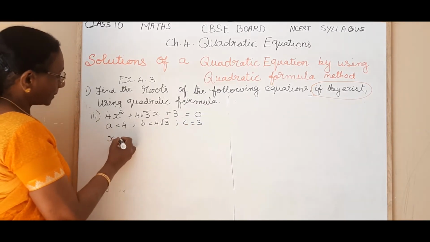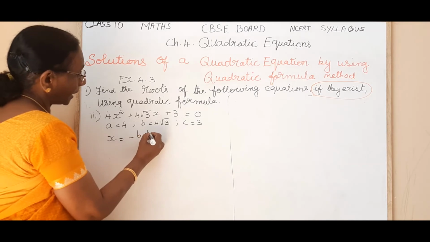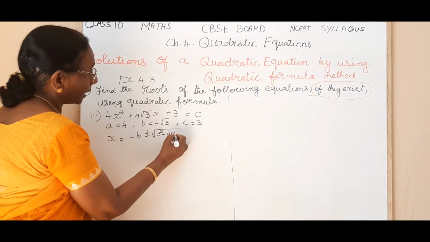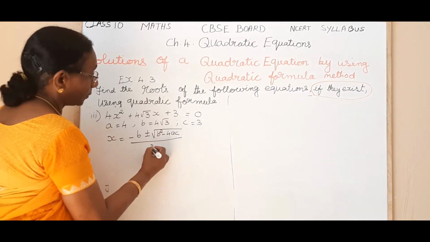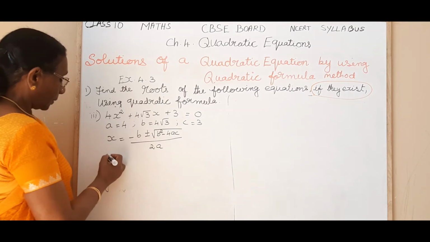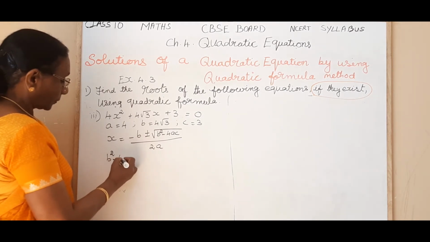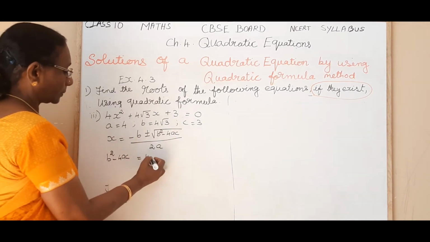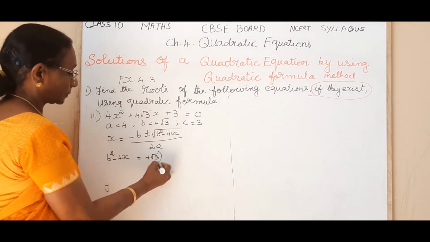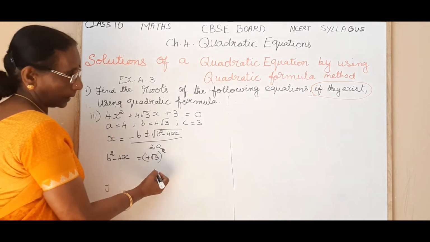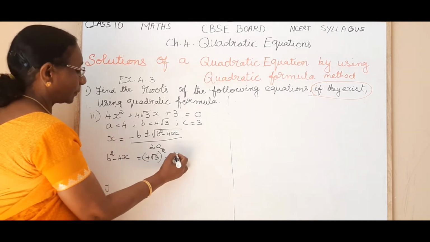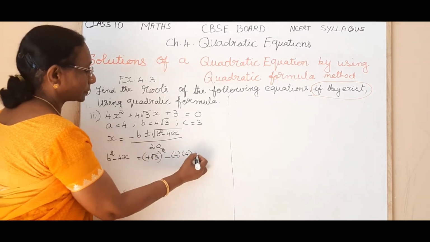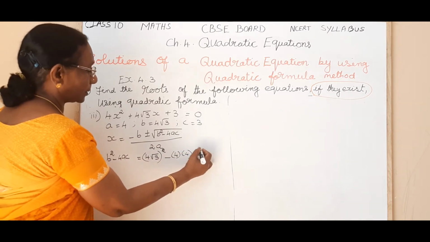So the formula is x is equal to minus b plus or minus root of b squared minus 4ac by 2a. So you have to find b squared minus 4ac, which is 4 root 3 the whole square minus 4 into a, which is 4, and c, which is 3.